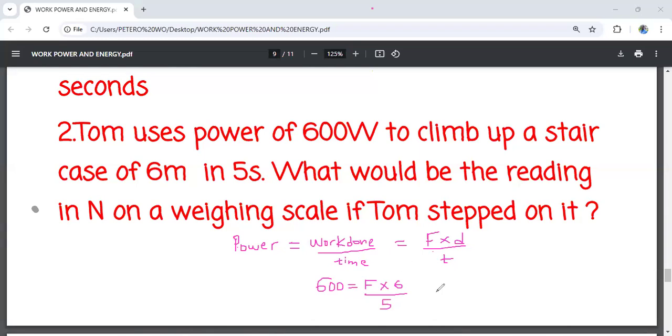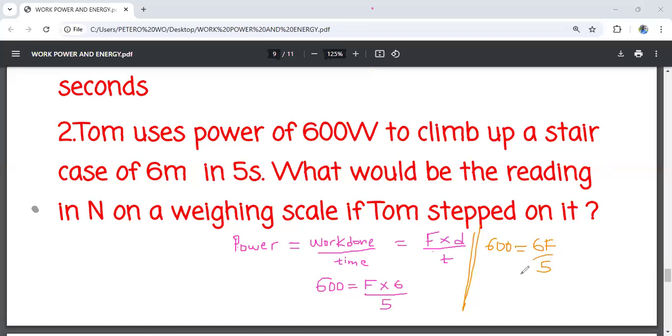So if we are to continue working this out, we have our 600, which is now our power. 600 watts is equal to F times 6, which gives us 6F, and we are dividing by 5.